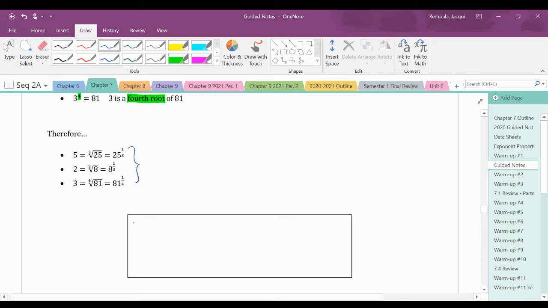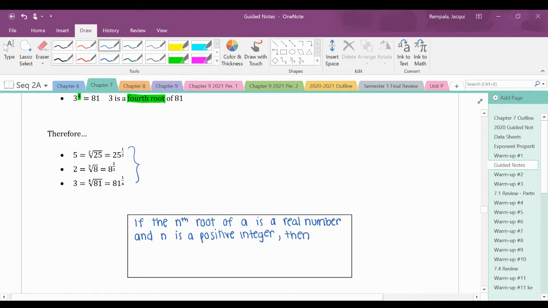Okay, so in the box it says, if the nth root of A is a real number and n, which is the index, is a positive integer, meaning we're not going to make that little number connected to the radical a negative. It can only be a positive number.